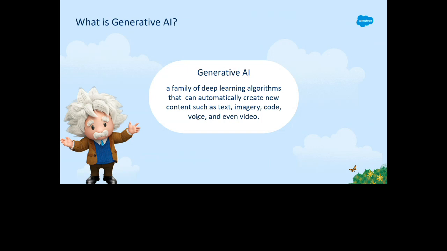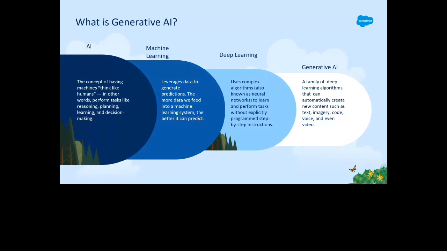That was just the summary definition of generative AI. Generative AI is the advanced version of AI, I would say, because AI is the concept of having machines think like humans. AI performs tasks like reasoning, planning, learning, and decision making.